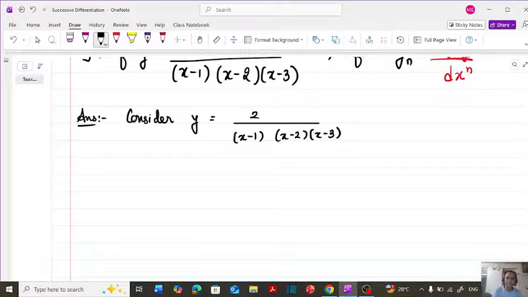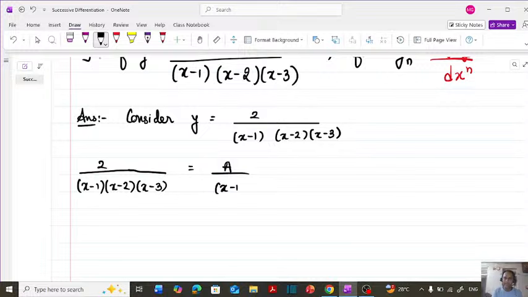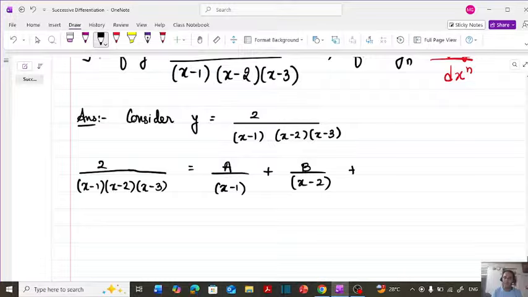So how to do the partial fraction here? The partial fraction is linear and non-repeated, so what you have to do: write 2 upon (x-1)(x-2)(x-3) as a/(x-1) plus b/(x-2) plus c/(x-3). This is the most important step. If you make a mistake over here, your partial fraction will go wrong.